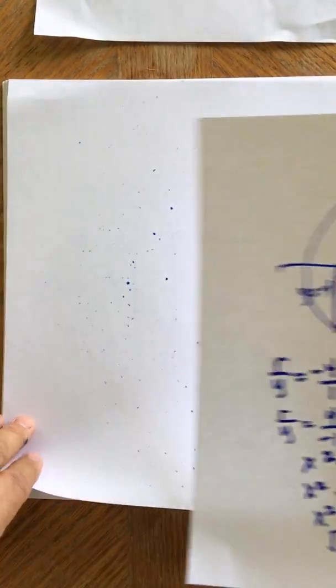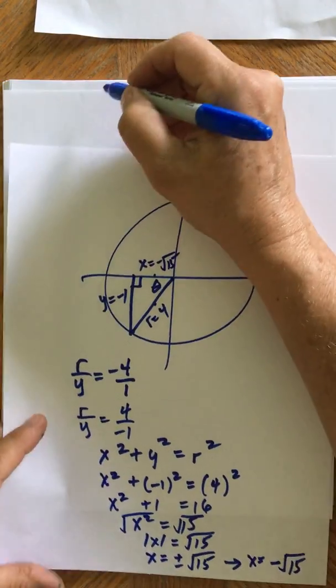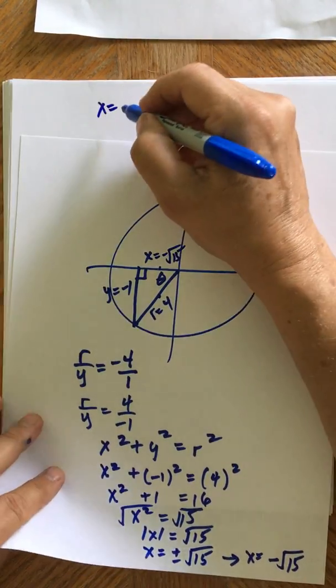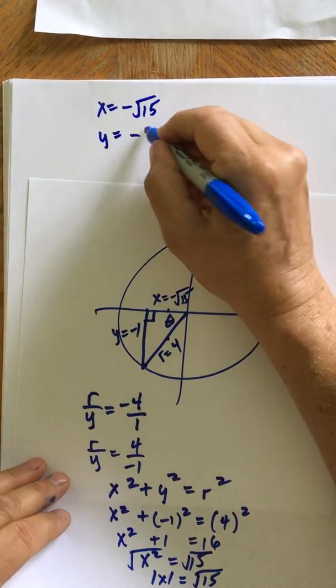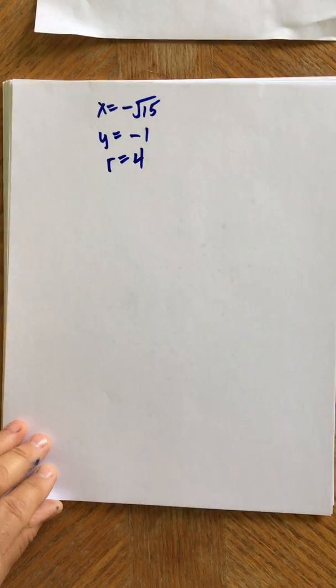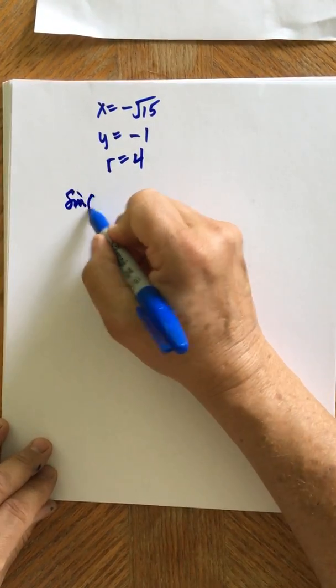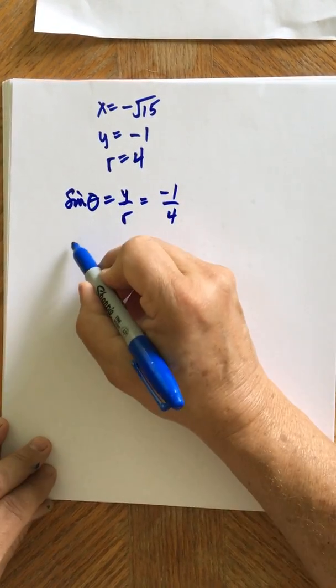And now we can finally get all 6 trigonometric functions at the angle. Let me just write down what x, y and r are here. x is negative square root 15, y is -1, and r was 4. So now we go through and say, sine of that angle is y over r, which is -1 over 4.